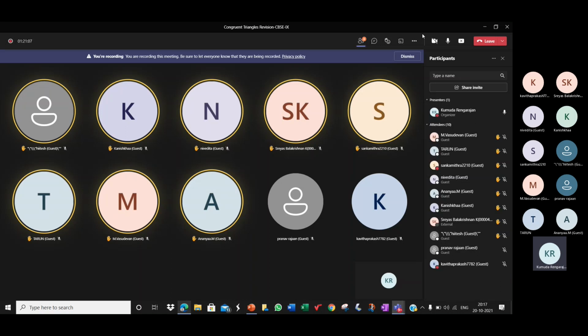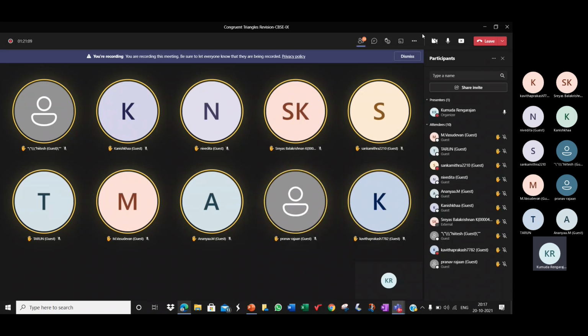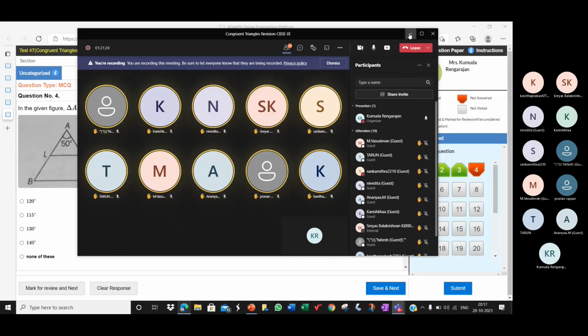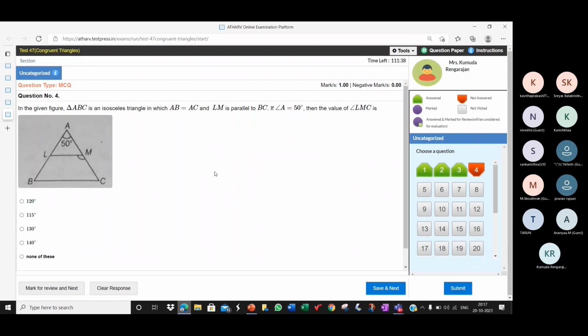Vasudevan, Tarun, Sangamitra, Nivedita, Ananya, Kanishka, Shreyas, Hitesh, Shivani, Pranav. All right. Yes, children, please share your answer, all of you. Angle LMC is equal to, children?